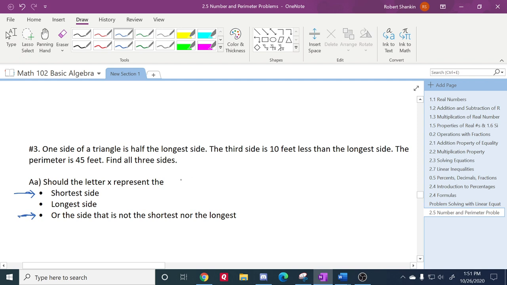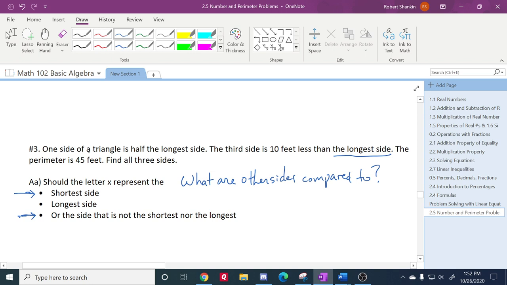We really ask this question: what are the other sides compared to? And to find the answer to that, you look after the word "than." The third side is 10 feet less than the longest side. It's comparing the third side to the longest side.